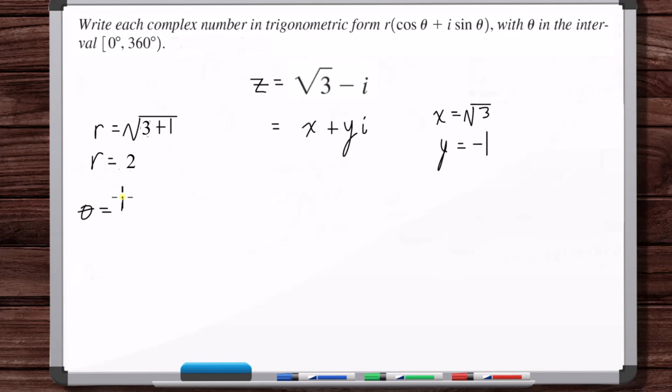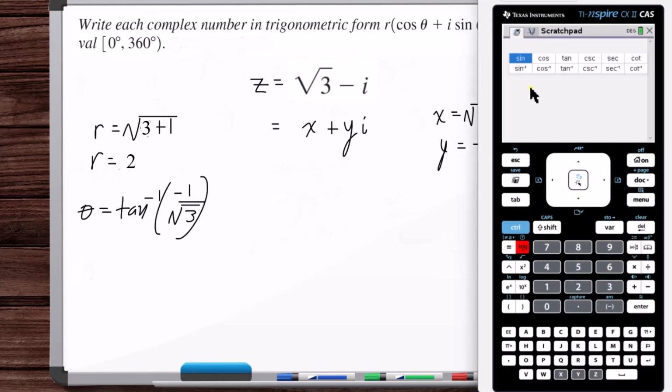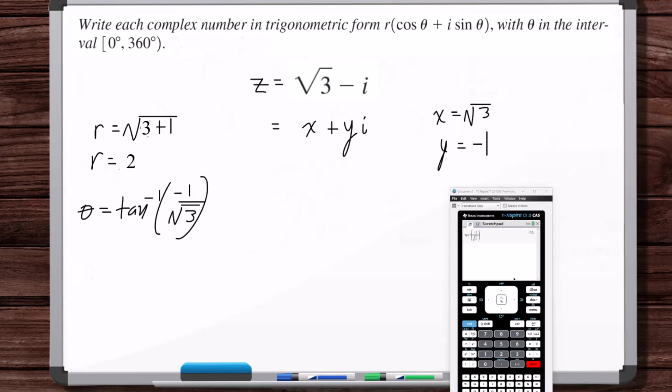Theta, we're going to have arc tangent of minus 1 over root 3. Okay, so let's go ahead and plug this in. Okay, so minus 30 degrees.